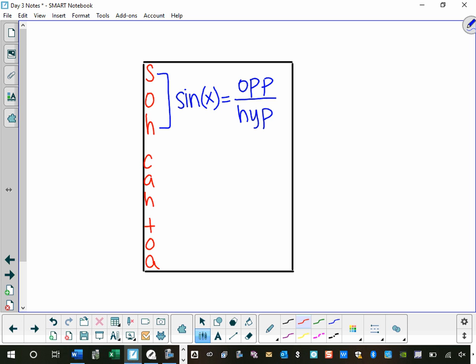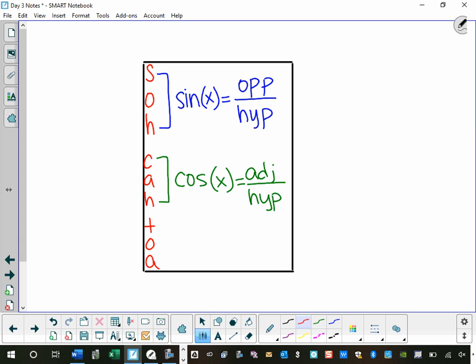We're just writing down what we already know. All right, and CAH, that C stands for what? Cosine. So cosine of an angle is going to be A over H. What's A over H? Adjacent over hypotenuse.